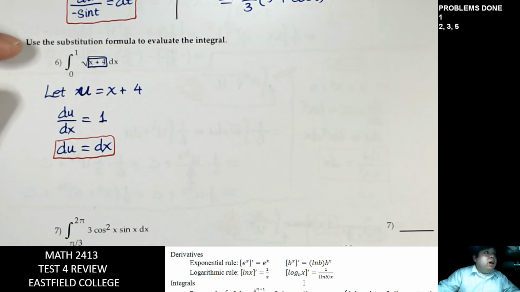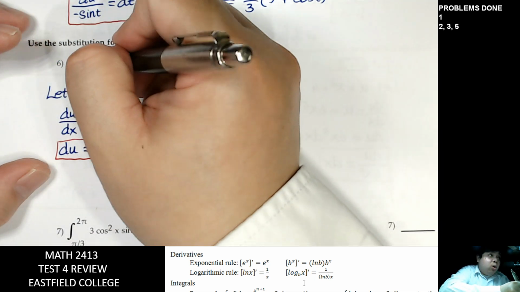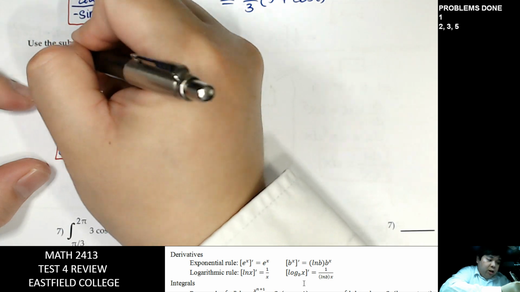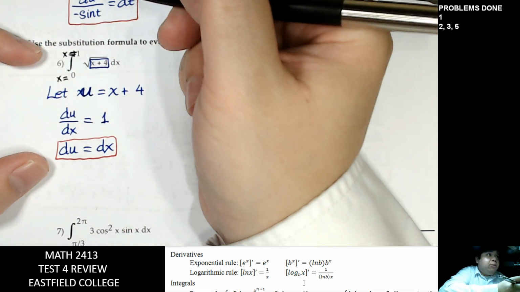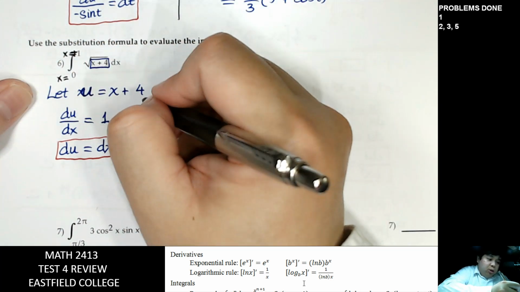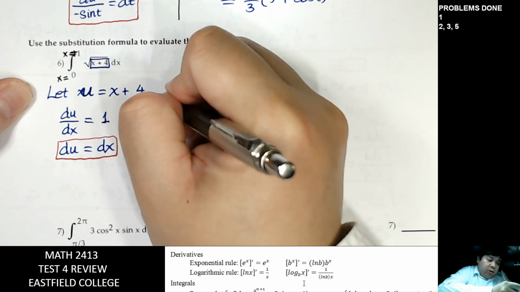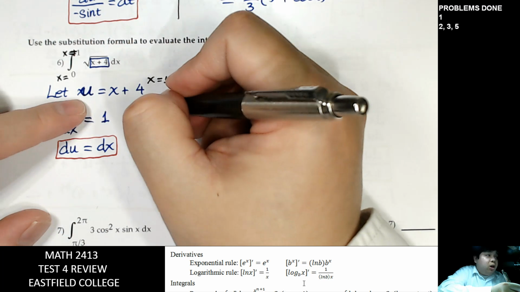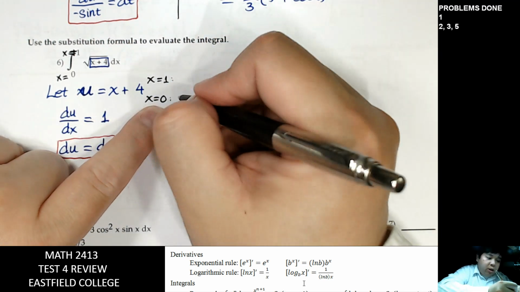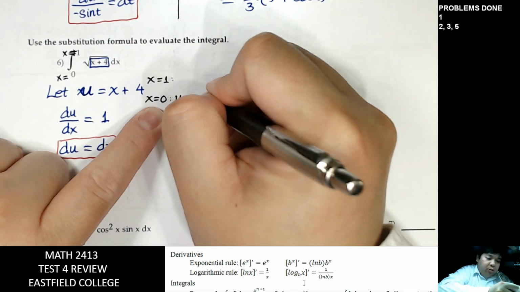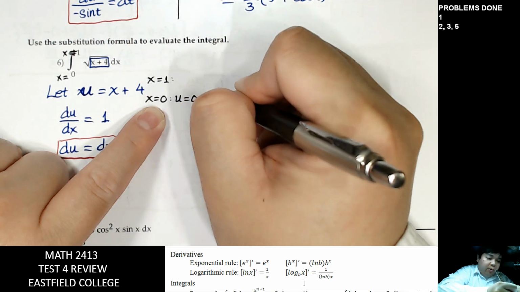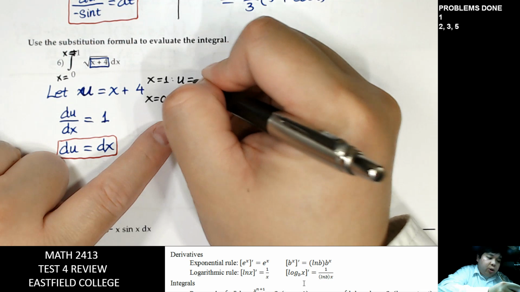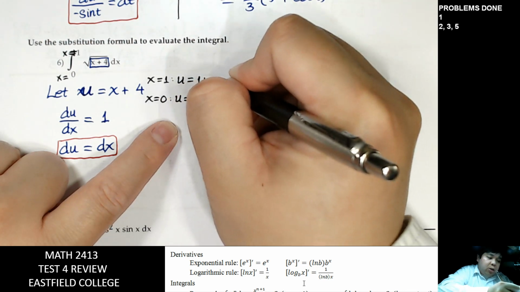A little thing here: on this problem we originally have x equal to 0 to x equal to 1. Now we're going to make the substitution for x equal to 0 and then x equal to 1. When x equal to 0, u is x plus 4, so u equal to 0 plus 4 is 4. x equal to 1, u equal to 1 plus 4, so it will be 5.